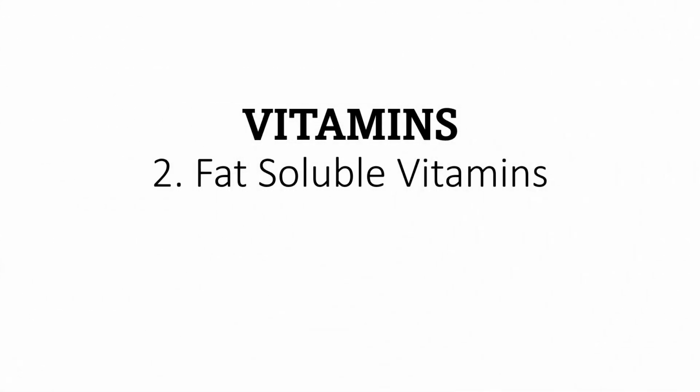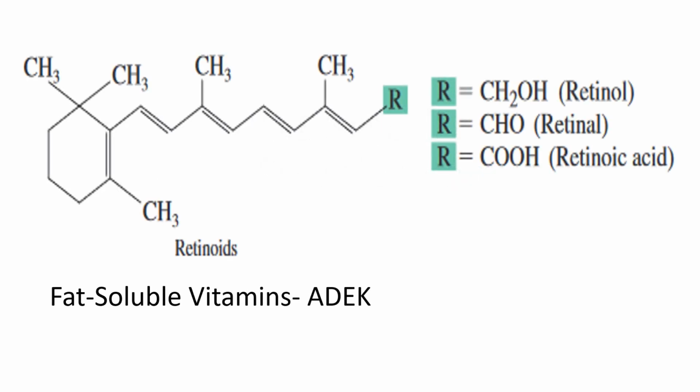Let us now consider the fat-soluble vitamins. The four fat-soluble vitamins are designated using the letters A, D, E, and K. Many of the functions of the fat-soluble vitamins involve processes that occur in cell membranes.